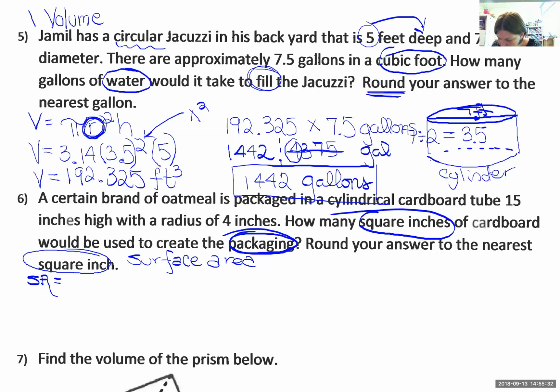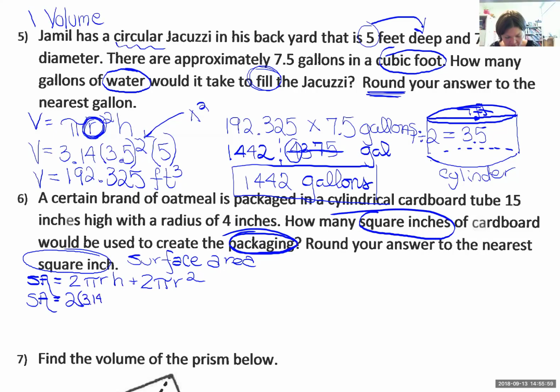And it says SA is equal to 2 pi RH plus 2 pi R squared. Okay. And let's see, you guys help me do the substitution. Pi or 3.14? 3.14.